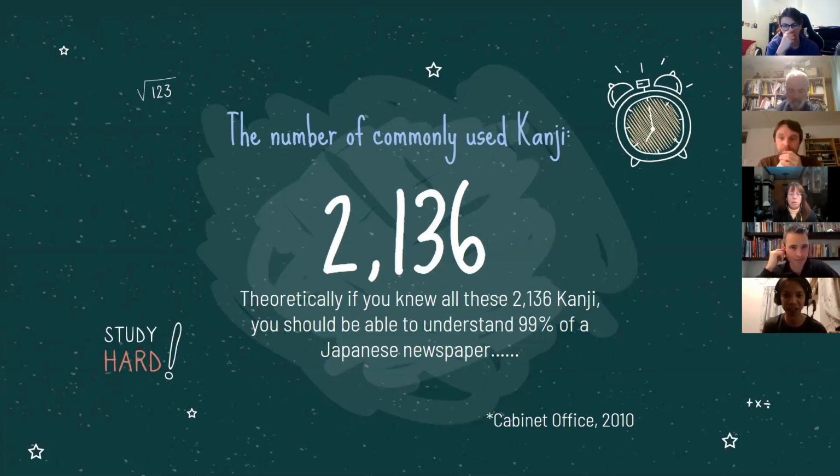It's really big. So how many kanji should you learn? According to the Japanese Cabinet Office, there is a list of common kanji, and there are 2,136 of them. Theoretically, if you have learned all these 2,136 kanji, you should be able to understand 99% of a Japanese newspaper, and you just have to guess the remaining 1%.